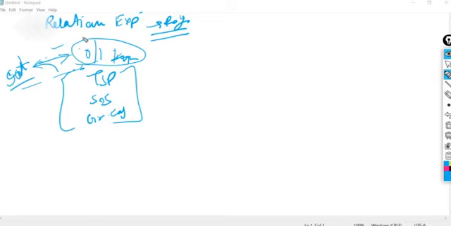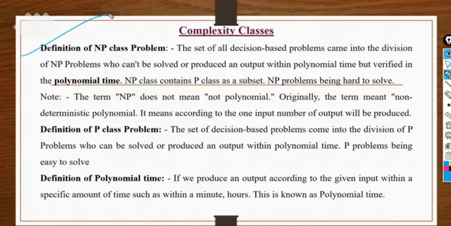If we find a polynomial time solution for one, then for the others also it is possible, right? So now the definition of the NP class problem.